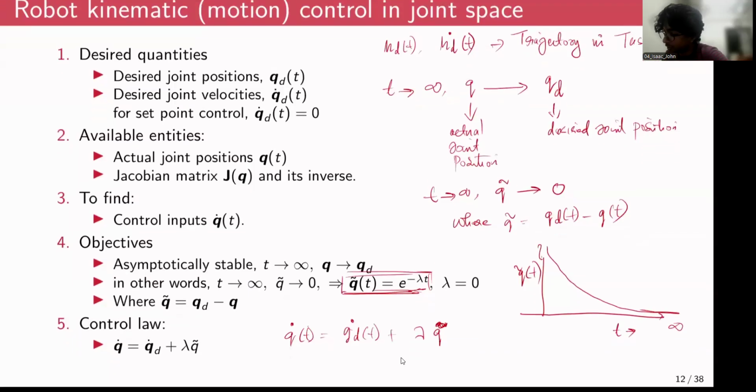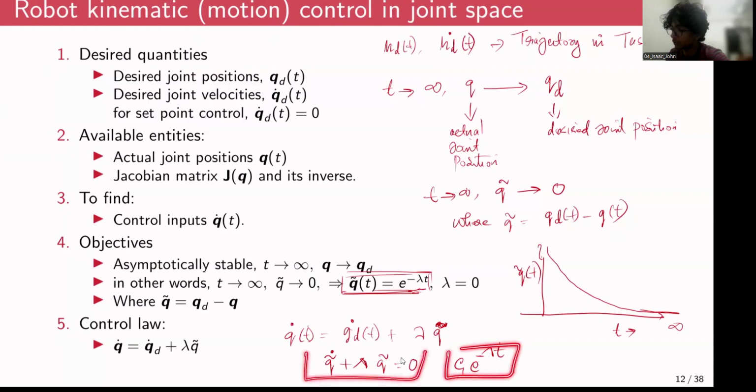Or in other words, you can write this ordinary first order differential equation as follows: q tilde dot plus lambda q tilde should be equal to 0. Right? So if you write the homogeneous solution of this differential equation, it would look something like an arbitrary constant c1 e raised to minus lambda t. This is how the homogeneous solution for this differential equation would look.